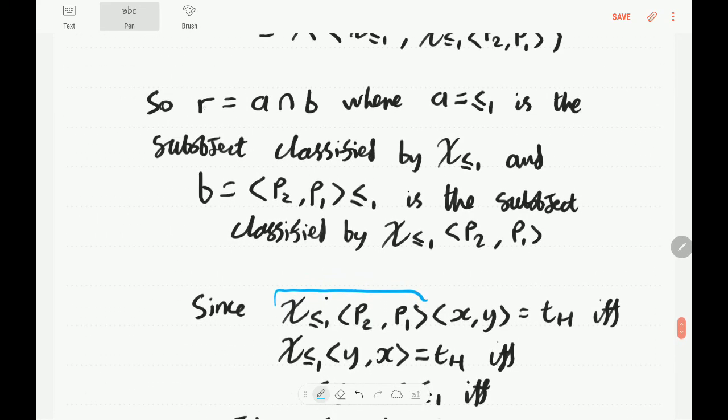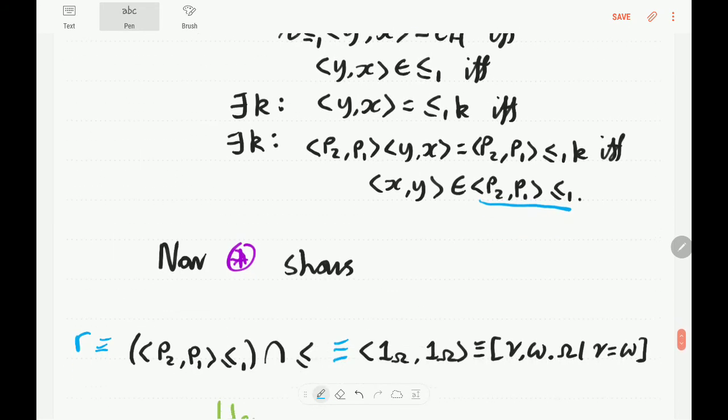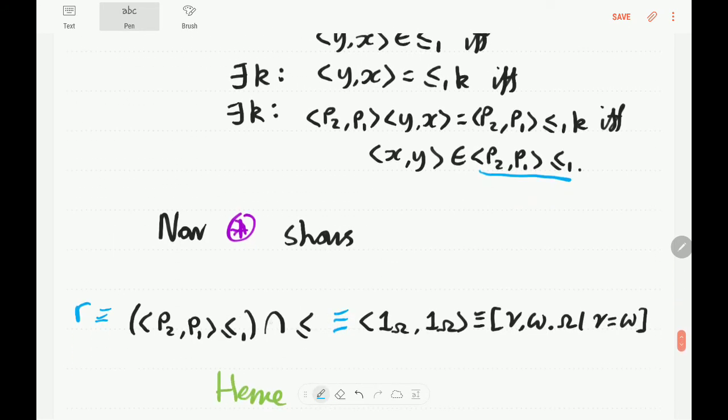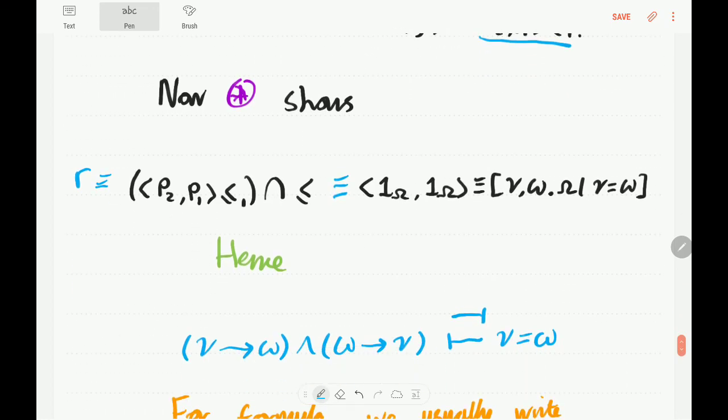So that means R is equal to, drum roll, this thing we've already considered and shown to be equal to (1 omega, 1 omega), which is equal to the extension of V equals W over V and W. So we've shown these objects are equal, and therefore we've proved that in general this formula implies this formula and vice versa.